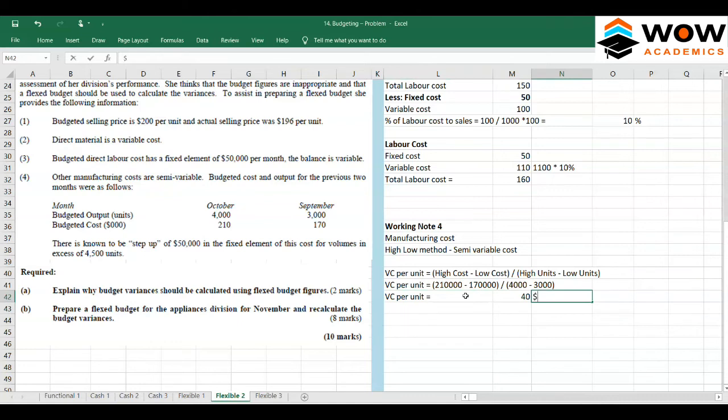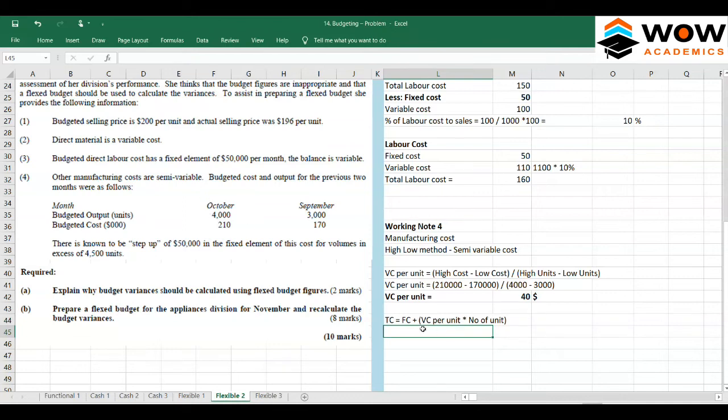So this is in terms of dollars. So we got the per unit amount. Now we have to find out what's the fixed cost. So total cost equals fixed cost plus variable cost per unit into number of units. We'll substitute any of the periods, so let's substitute October.